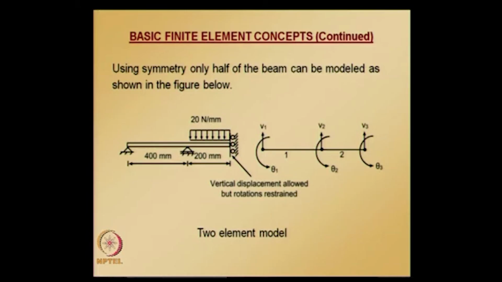The displacement restraints are shown here in the half model, and we already did a similar exercise for this kind of 3 span continuous beam earlier with a point load. For the first element the degrees of freedom are V1 theta 1 V2 theta 2, and for the second element they are V2 theta 2 V3 theta 3.